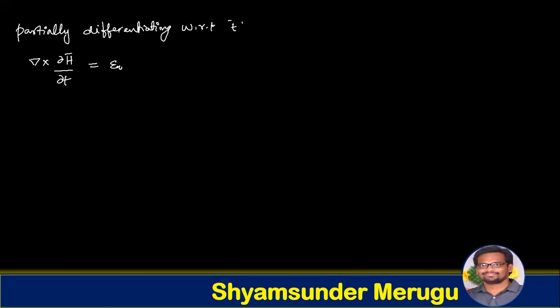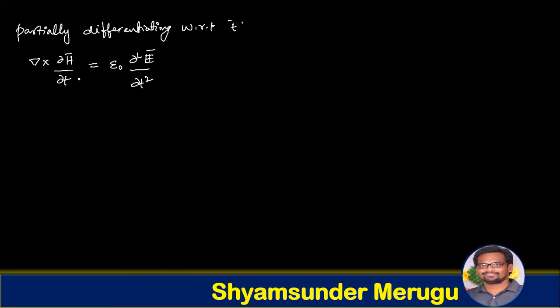So we get del cross of dou H bar over dou T, given by epsilon naught dou square E bar over dou T square.